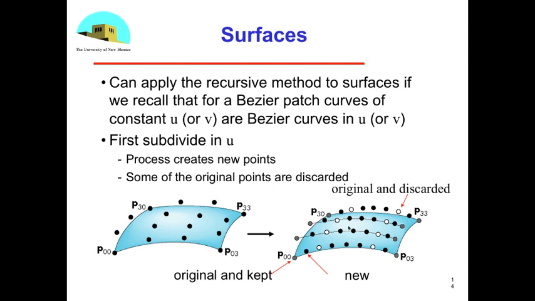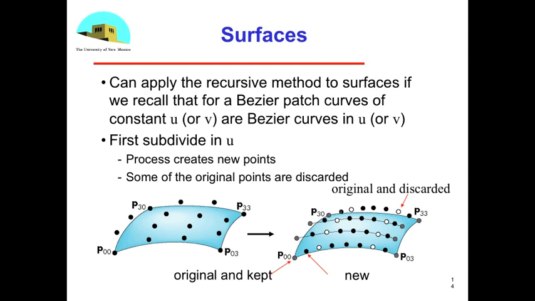Now I can do exactly the same thing on all of these curves where V is held constant and U changes. Notice there's a grayish point; these are the original points here.